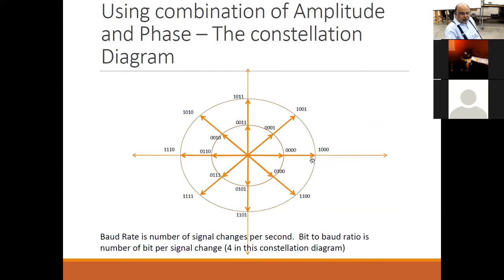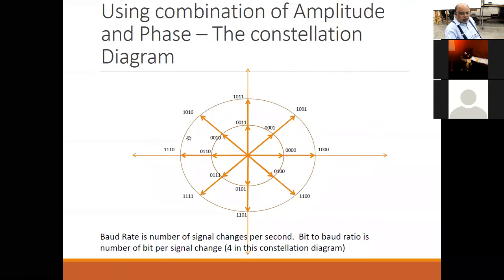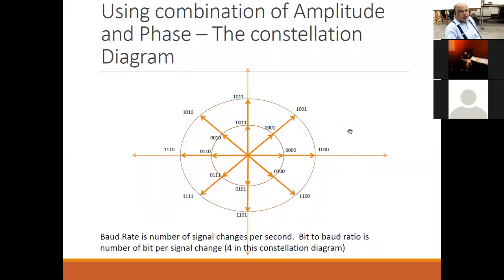Here you can assign 4 bits to each signal change. So if you are sending an in-phase signal of 1 volt, that would be you are sending 0, 0, 0. Amplitude modulation is also included. So this is called QAM, quadrature amplitude modulation. This is using a combination of amplitude and phase, and this diagram is called a constellation diagram.